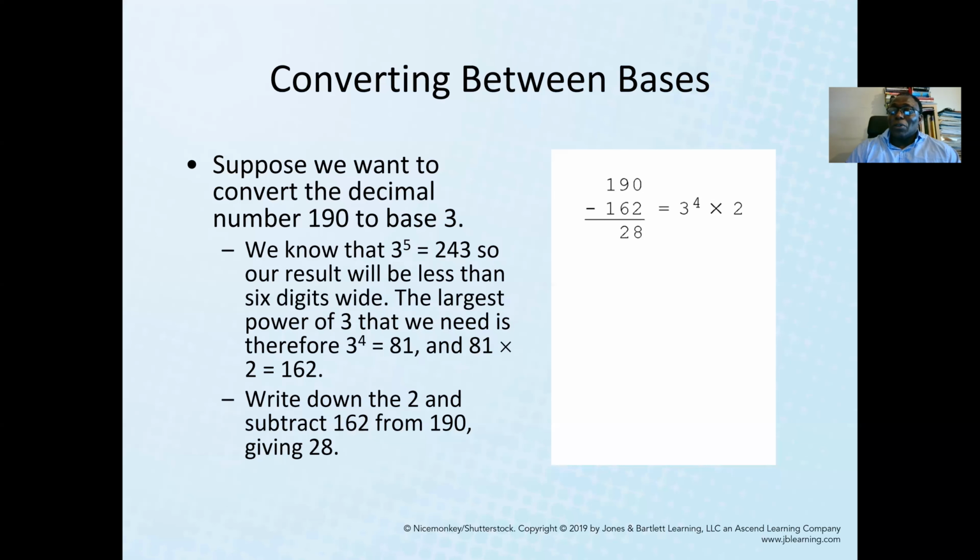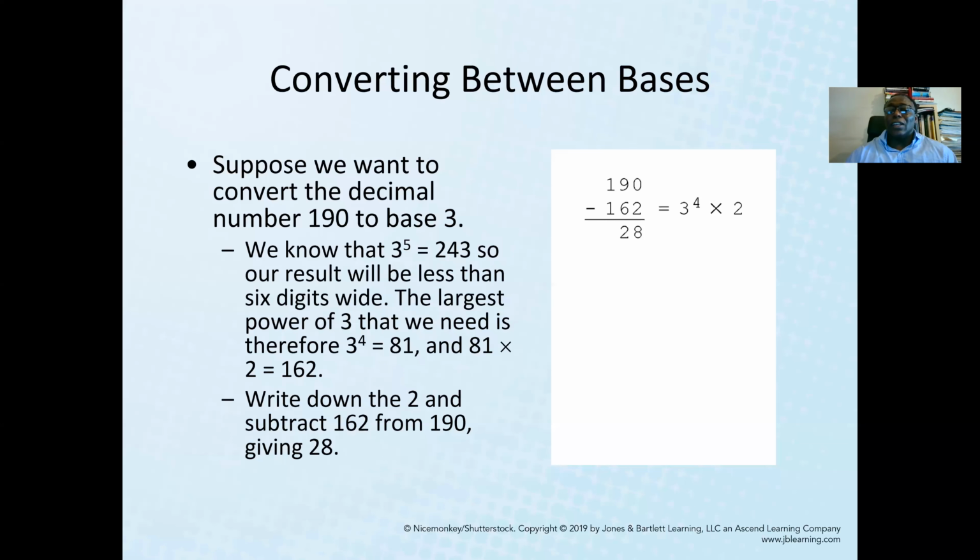Since I have 3 to the power 4, the next should be 3 to the power 3, 3 to the power 2, and so on. Even if no value goes in, we still have to write 0, because having 3 to the power 4 means I have to account for 3 to the power 3 to get the number of digits.